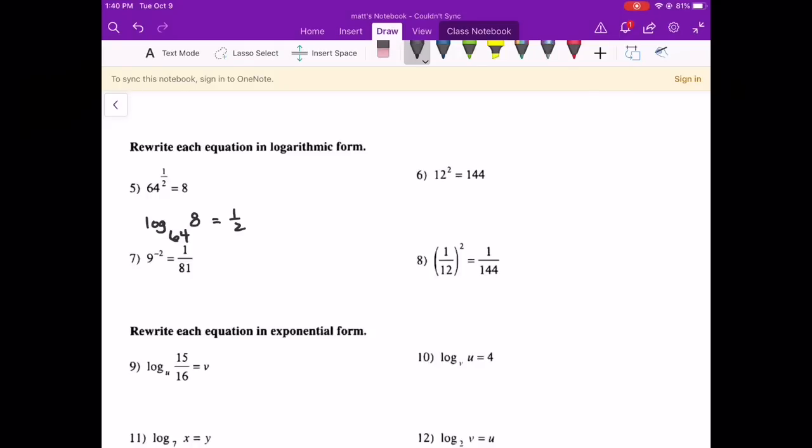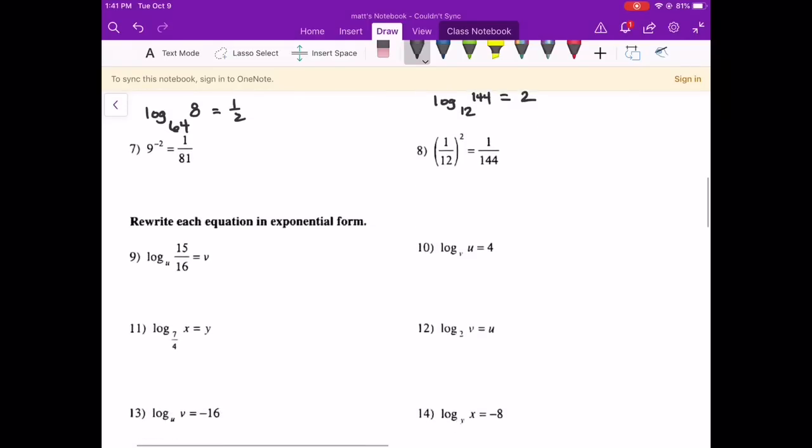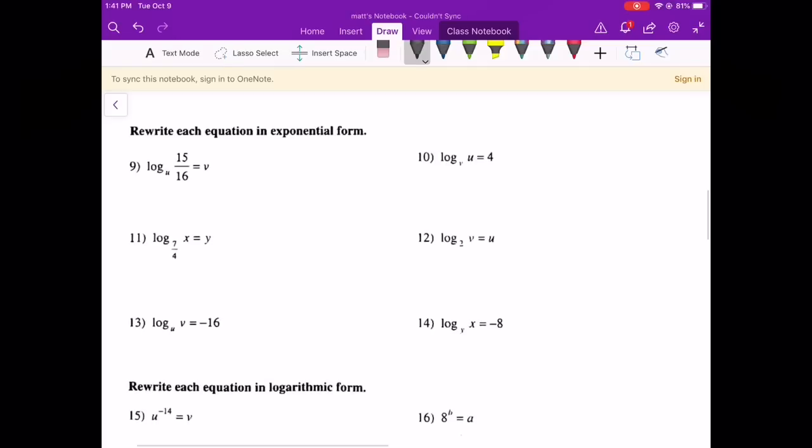All right, one more time. My base is going to be 12, so log base 12. The exponent is what's getting isolated, and what I'm equal to, 144, is now part of my log. All right, now I'm going to rewrite something with some variables just so we can see kind of more of a general situation. Again, my base grabs my attention instantly, so I'm going to go with u to the v power, because v is my exponent because it's isolated, equals the other piece of my log, 15 over 16.